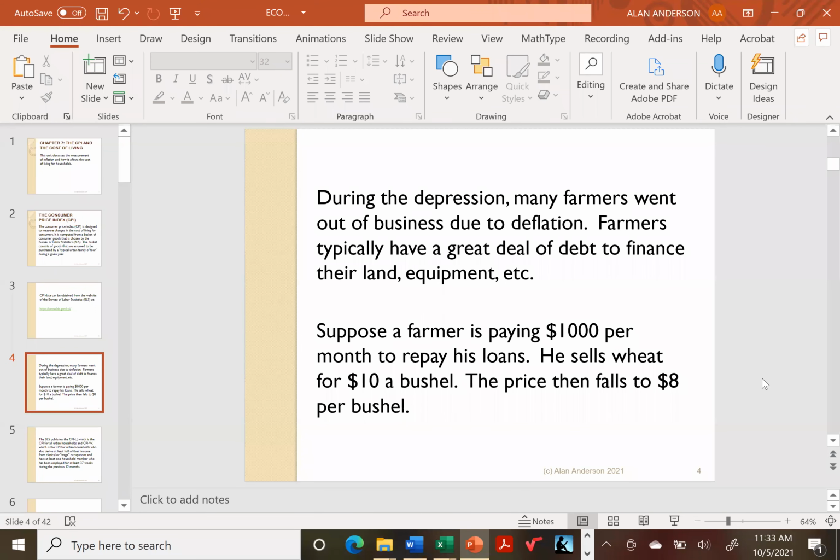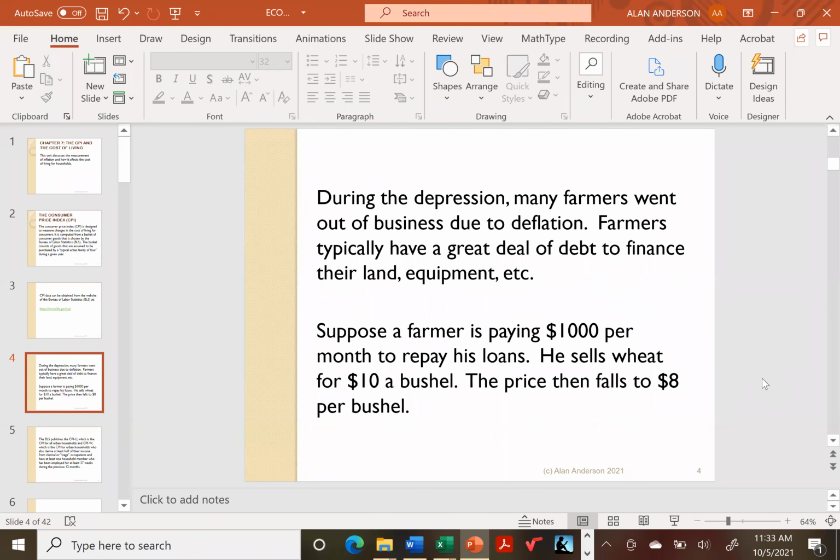And before you know it, inflation takes on a life of its own, and it can really get out of hand very quickly. And in fact, we're going to see some videos where exactly that happened in some of these countries. So inflation is something you have to keep under control. You do not want to let it get out of control because it is very hard to stop.